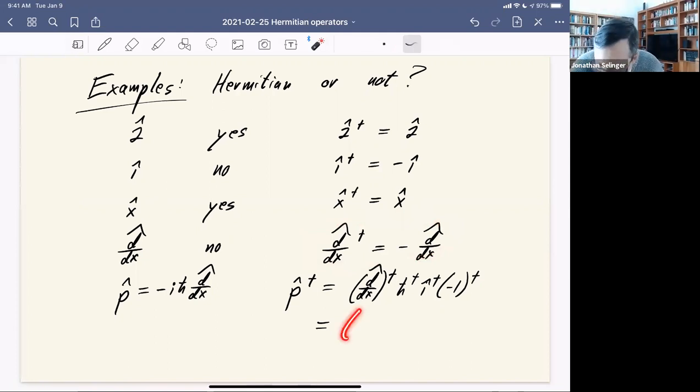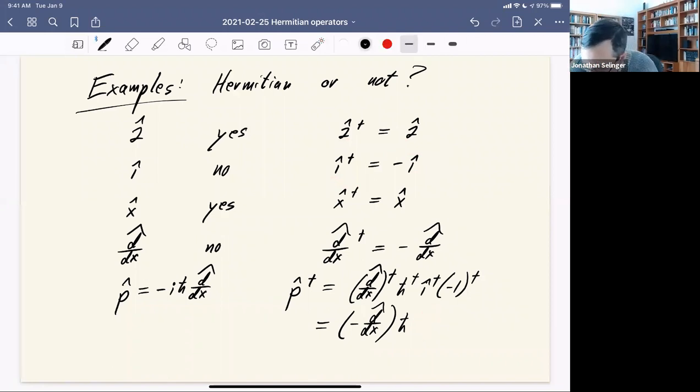So that is negative d by dx. The Hermitian conjugate of h bar is just multiplication by h bar. H bar is Hermitian because it's a real number, like 2. So it's just h bar. The Hermitian conjugate of multiplication by i is multiplication by negative i, that's right up there.